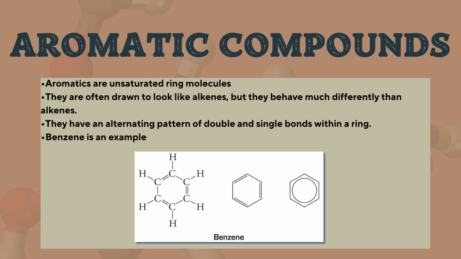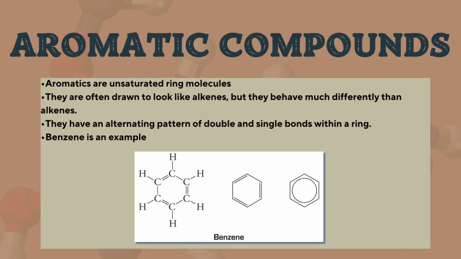Then we've got aromatic compounds. Now, what are aromatic compounds? An aromatic compound is any of the large class of unsaturated chemical compounds which is characterized by one or more planar rings of atoms joined by covalent bonds of different kinds, right? So they are often drawn to look like alkenes, but they behave much differently than alkenes.